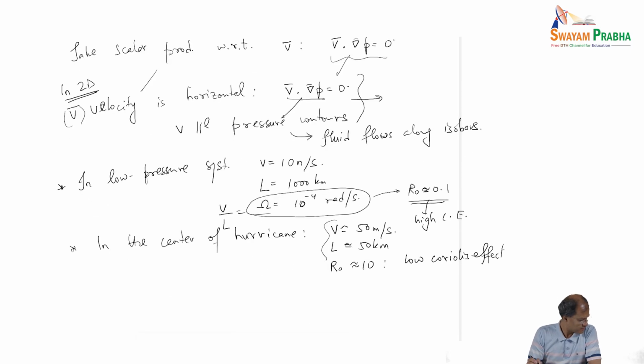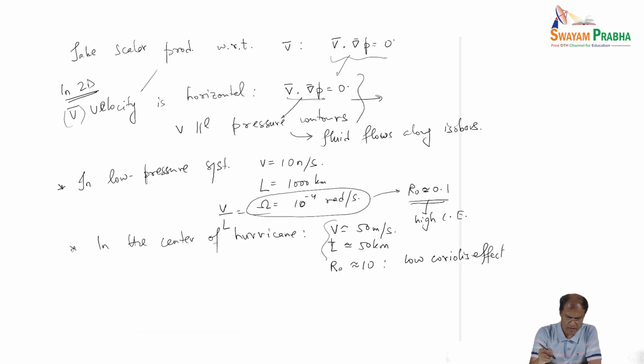So this is typically the case of the center of a hurricane where the Coriolis effects are low and we do not feel the net effect of these rotating forces, right? So what is important is the center of the hurricane is typically very calm compared to the exterior.